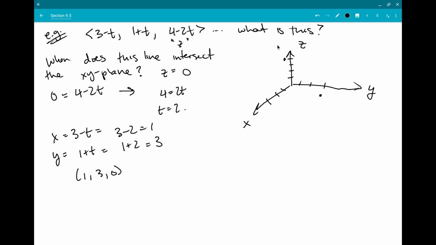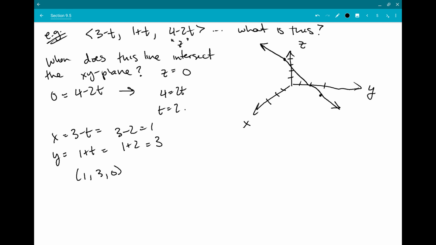And so I know this line is going to do something like, no. All right, there we go. That's a sketch of our line. And right here, it's entering the XY plane. You could imagine this being a flat piece of paper, and the line is coming up out of it.